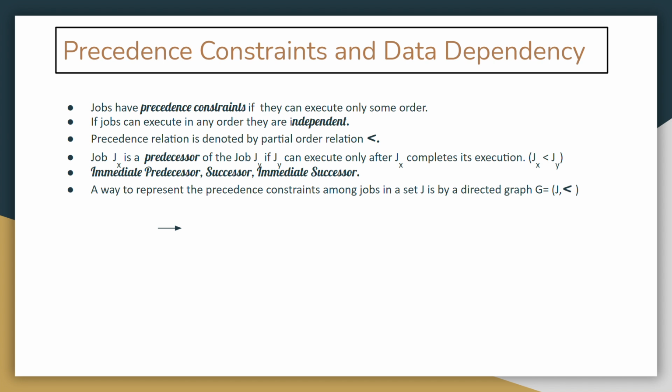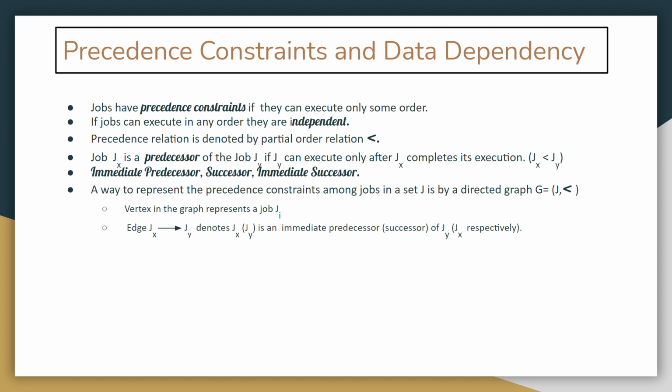It's a way to represent precedence constraints among jobs in a set J by a directed graph G. You have jobs and the relationship represented as a directed graph. So vertices in the graph represent jobs, could be a job Ji.